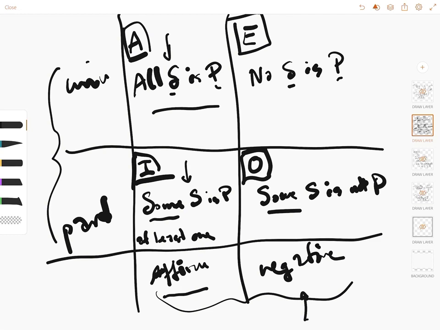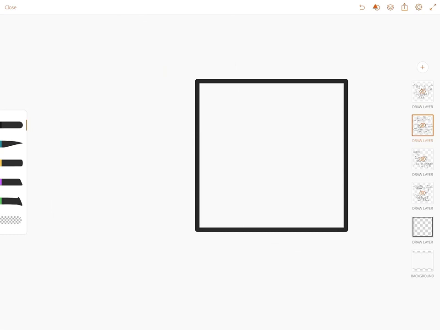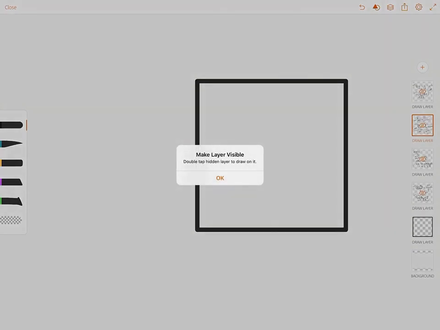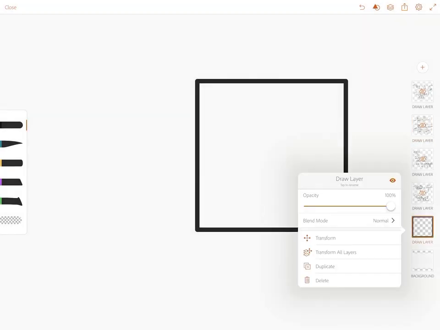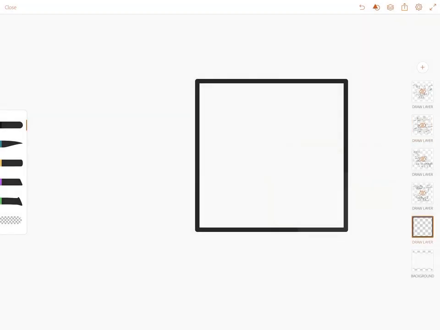Okay, so this leads us to a traditional way of thinking about the relations among these 4 types of proposition. So let's look at this. Suppose we took a square and in each corner we put one of the types. Okay, I think this will work.